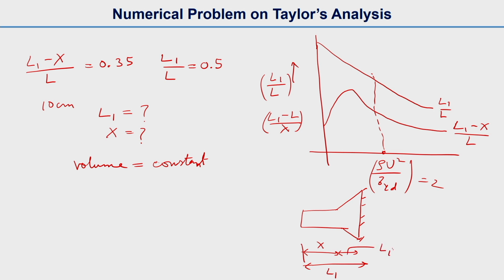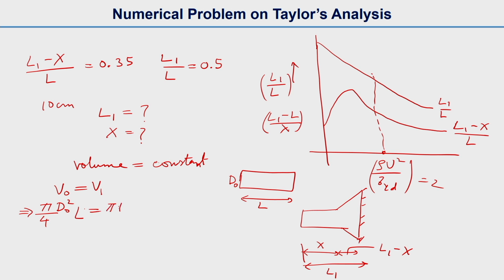Now if the volume is constant, the initial volume is pi D naught square by 4 times L, and this is equal to the final volume.